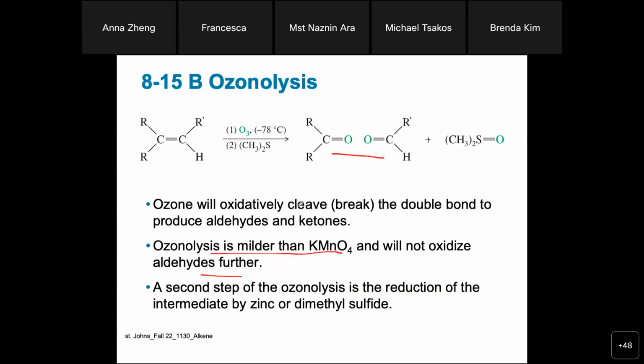Since ozone is not as strong as potassium permanganate, the products will not be further oxidized to carboxylic acid. And the second step of ozonolysis is the reduction of the intermediate by zinc or dimethyl sulfide. Let's see.